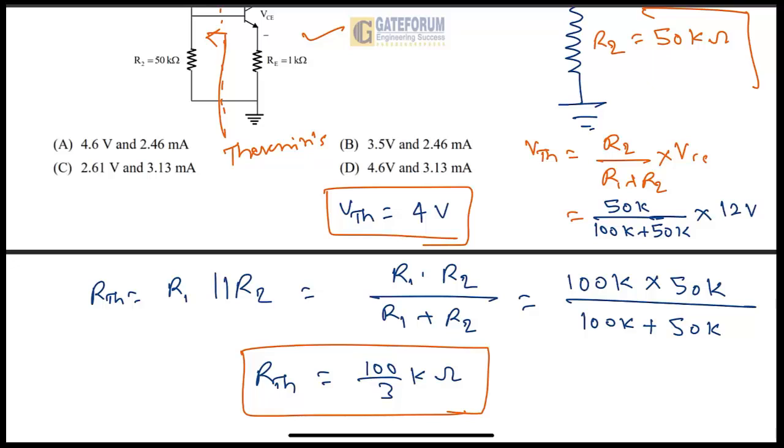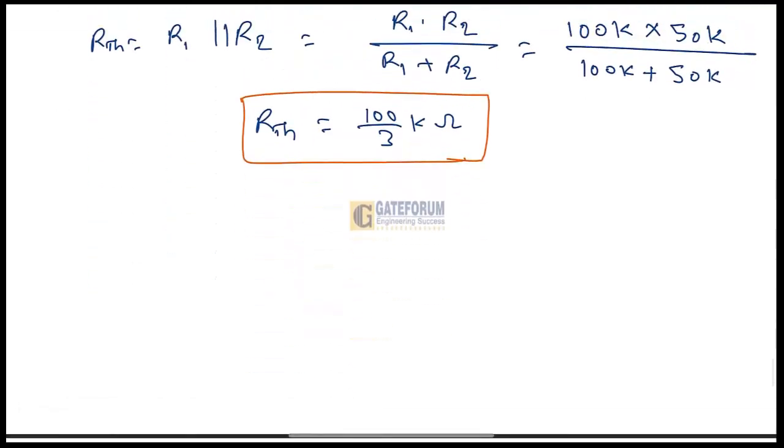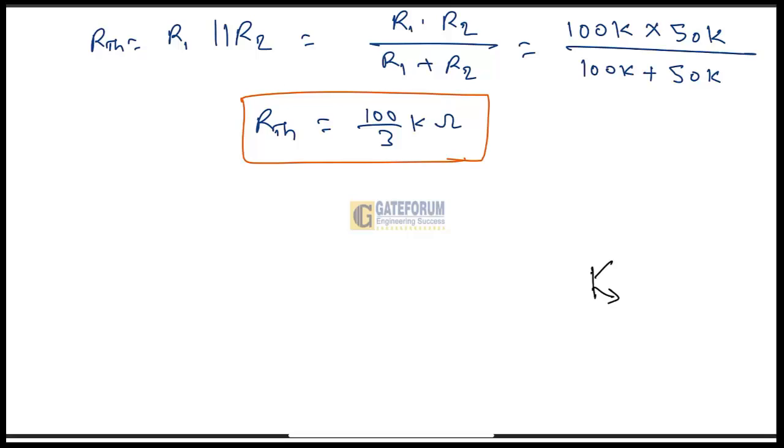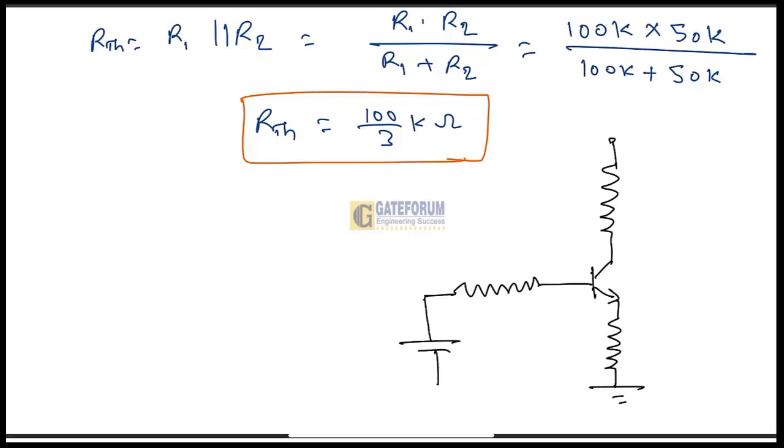So now we can apply this Thevenin to this circuit, then we can redraw this circuit and it will appear in this way. So this is the VCC, which is given here as plus 12 volt.